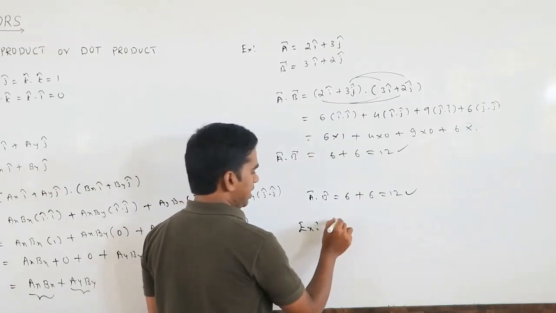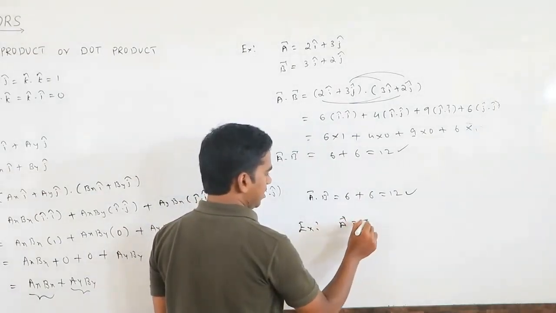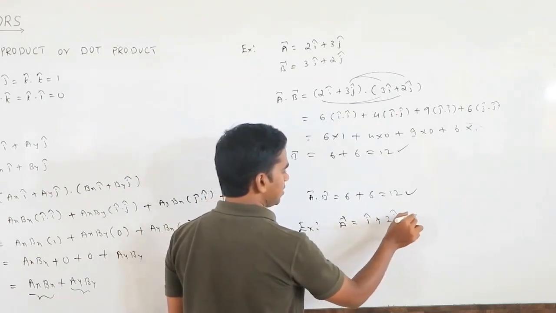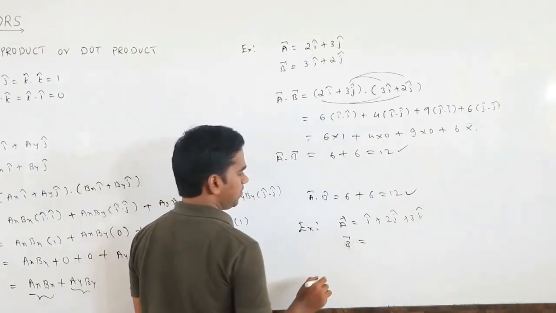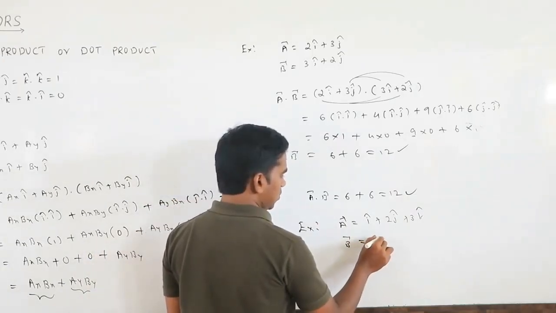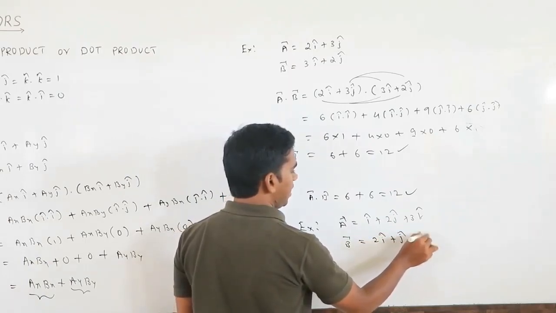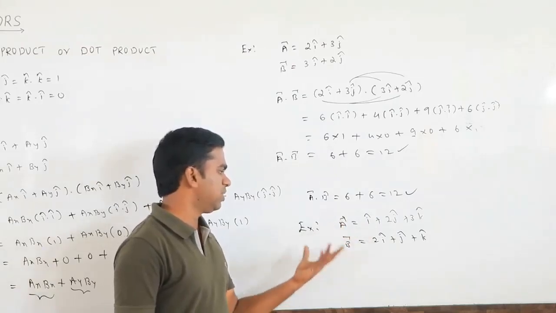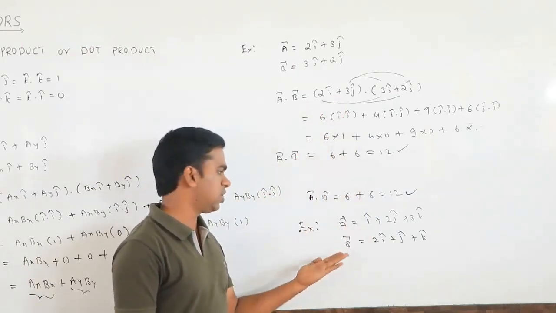Like, you take a vector a equals, say, i cap plus 2 j cap plus 3 k cap. Vector b equals 2 i cap plus j cap plus k cap. Okay, these are two vectors. So you can follow the usual procedure and check.